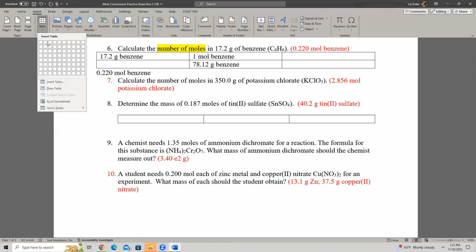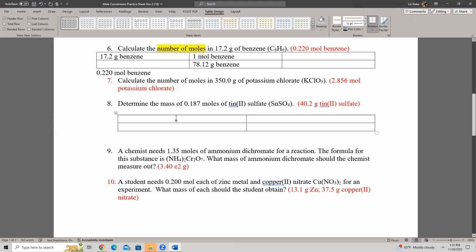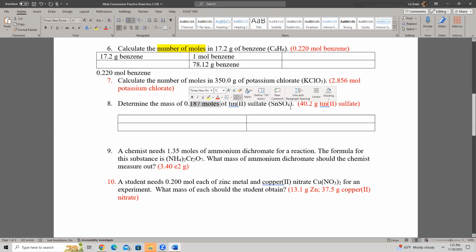This time we know we only need two, so we're just going to put in two. The question is this: I'm just going to copy the name because it'd be easier. So that's our question.